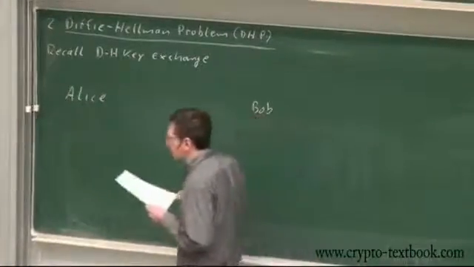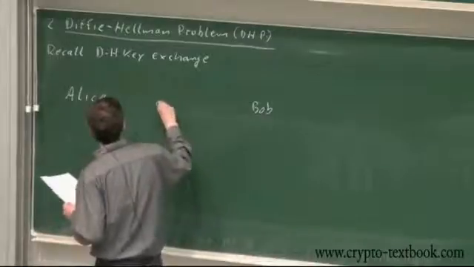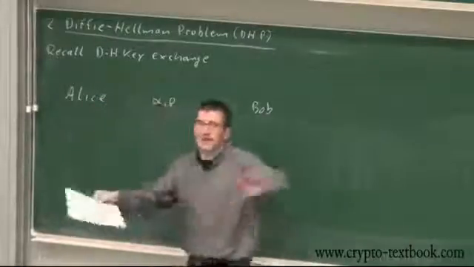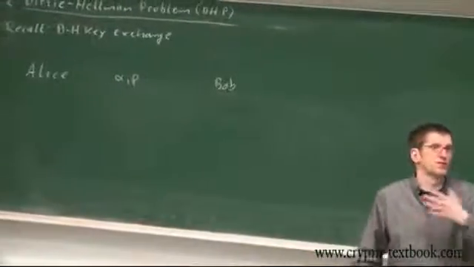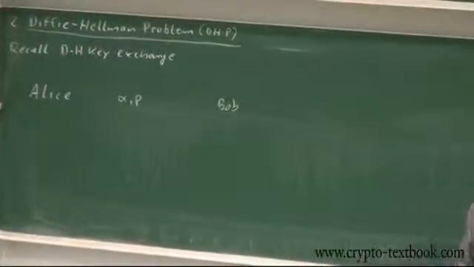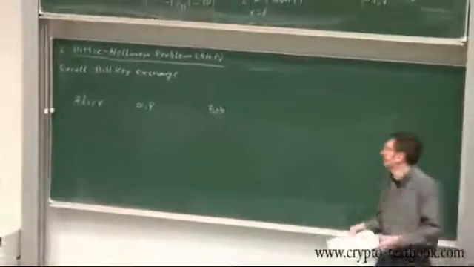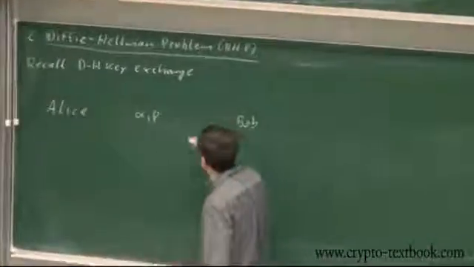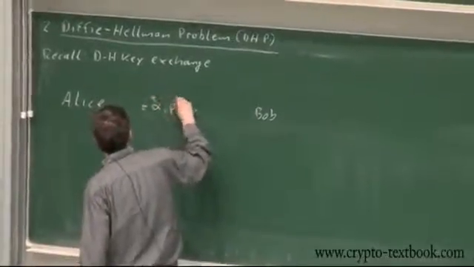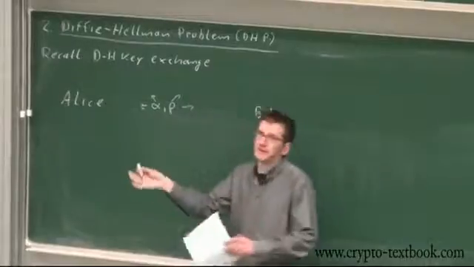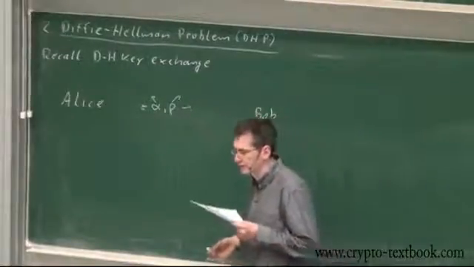Alice and Bob. We have alpha and p, which are often called the domain parameters, so they are shared by the whole community. This is much more than just a public key. This is shared by everyone. It's on the web, it's in databases, everybody knows that.